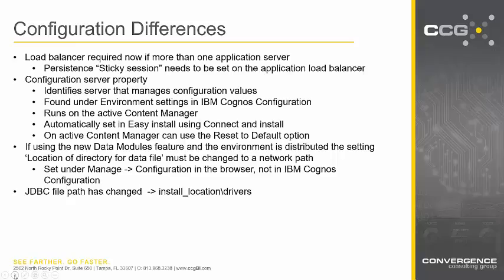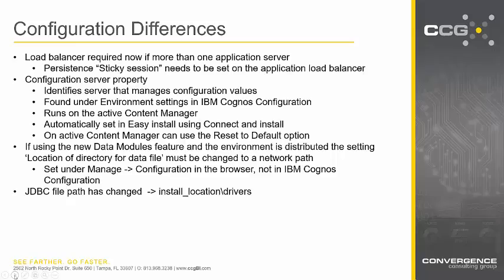Like if you're trying to cancel a report, that request needs to go back to the same server where it was started. So in your load balancer, we need to make sure we set persistence. People refer to them as sticky sessions on your application load balancer, so that the request would go back to the same Cognos server. So that was something else that we learned when we were working on this as well.